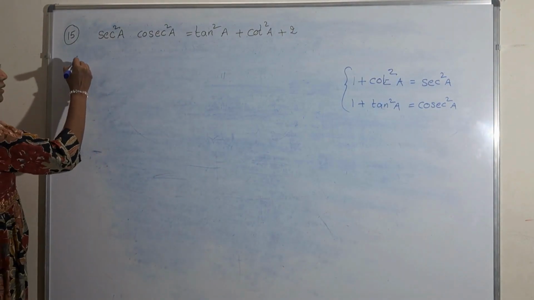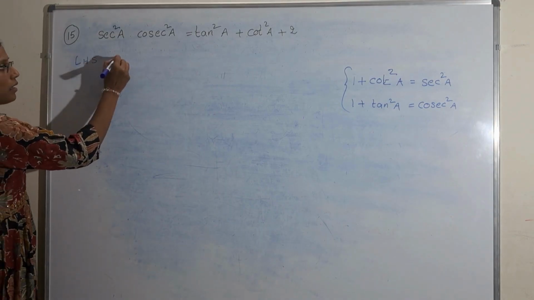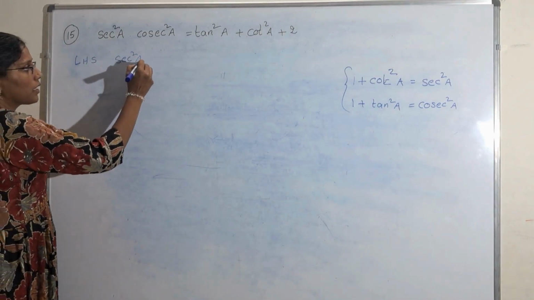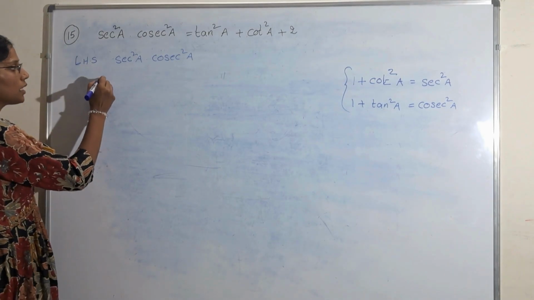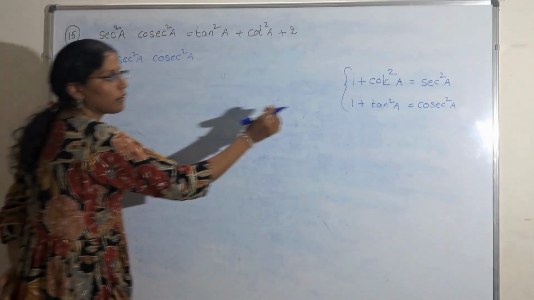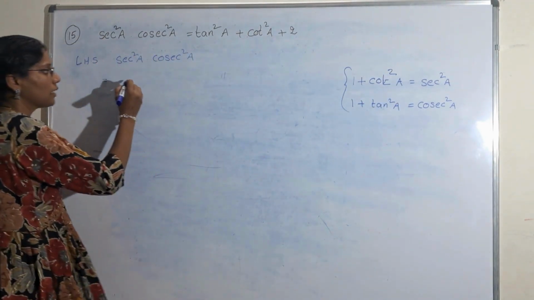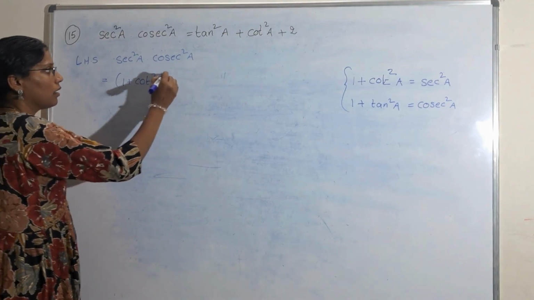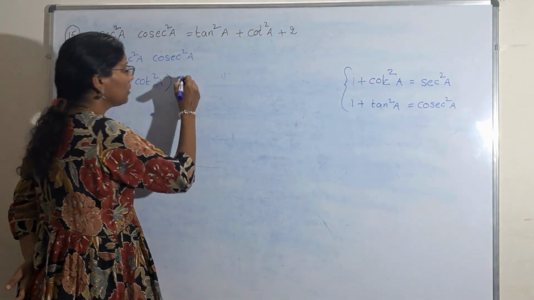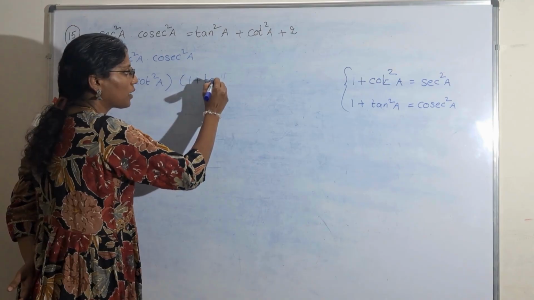Here LHS: secant square A into cosecant square A. We can write it as (1 plus tan square A) into (1 plus cot square A).